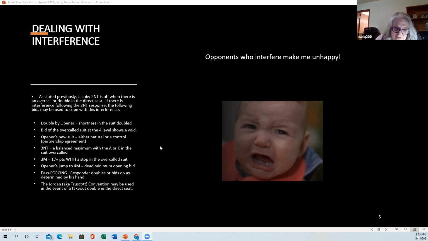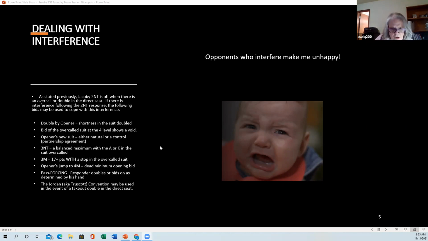Partner doesn't know if you have a limit raise or better. It promises 4-card support and a balanced hand as well. The rebids that you use following a Jordan bid are a matter of partnership agreement because it can be made on only a limit raise hand.